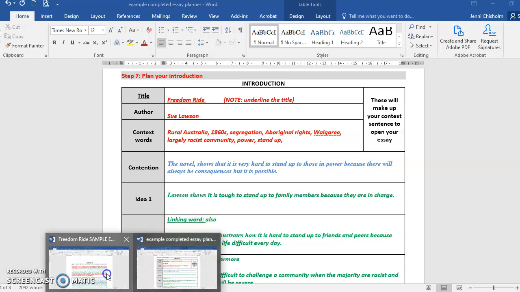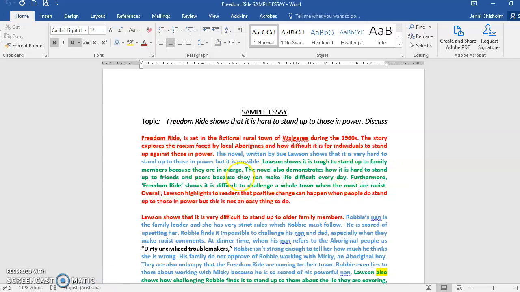They make up the next part of your paragraph. All right, next part of your introduction. So your three main ideas here, and then a finishing off sentence for the introduction, which just reinforces your contention or discusses the author's message in relation to the essay topic. Okay, so that's the introduction.